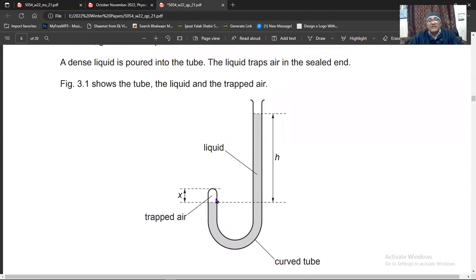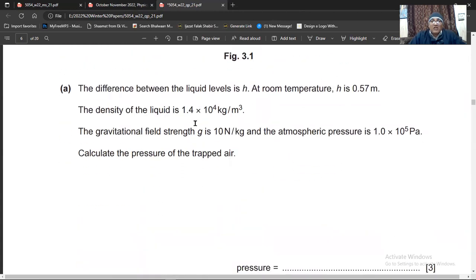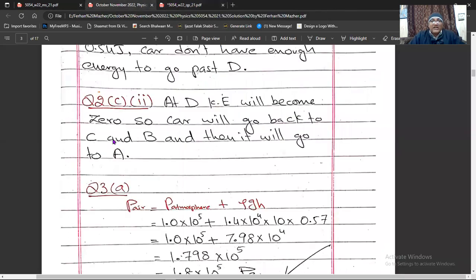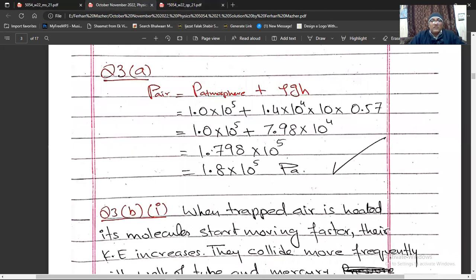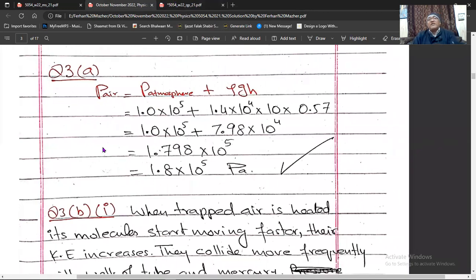So the pressure of that trapped air is H more than the atmospheric pressure. So the pressure of that air will be the atmospheric pressure plus rho g h. Rho g h is the pressure of that liquid of that height.